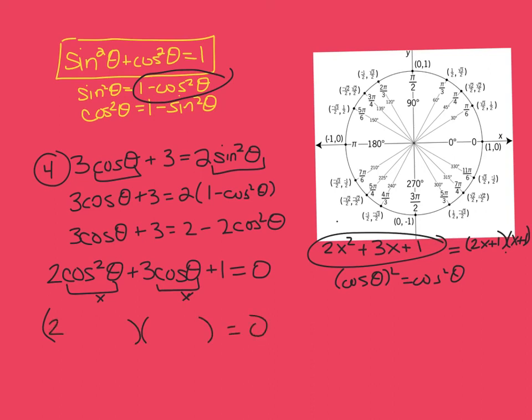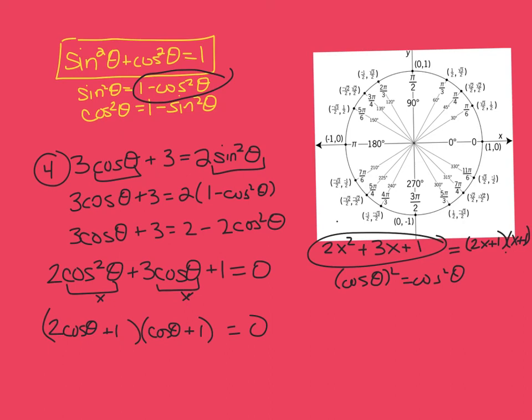So we're going to write it as 2 cosine plus 1 times cosine plus 1. Be careful, now that we factor it, we no longer have that squared term there. If you want, you can check your work by using the FOIL method and multiplying it back together. You will get what you started with above.